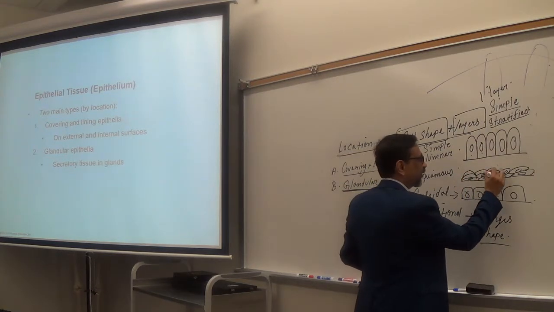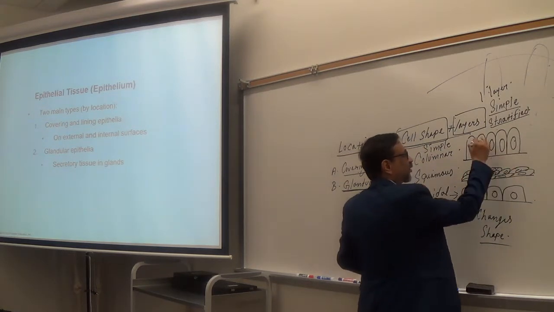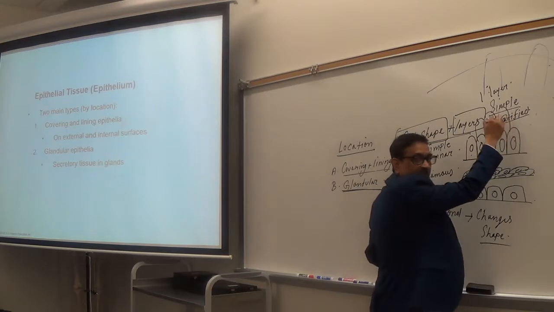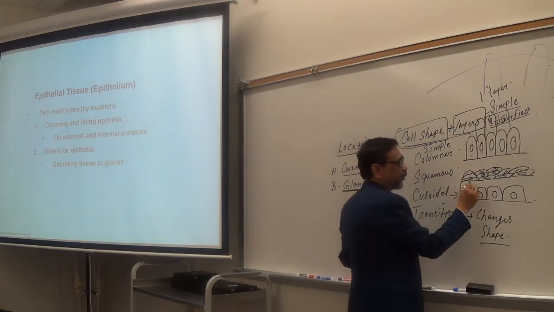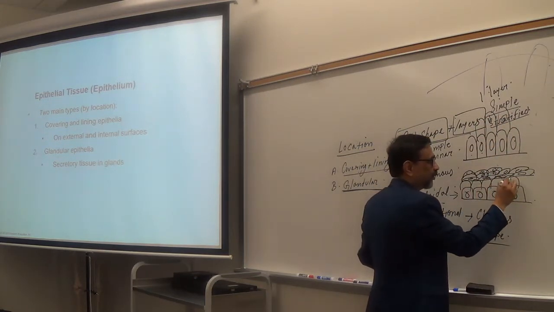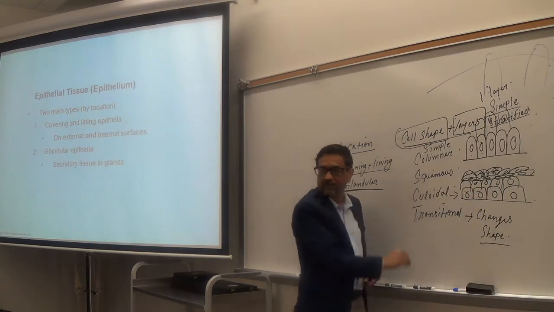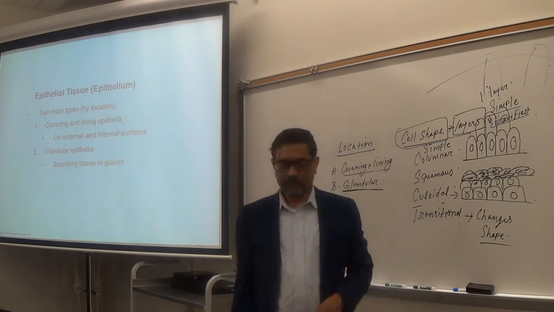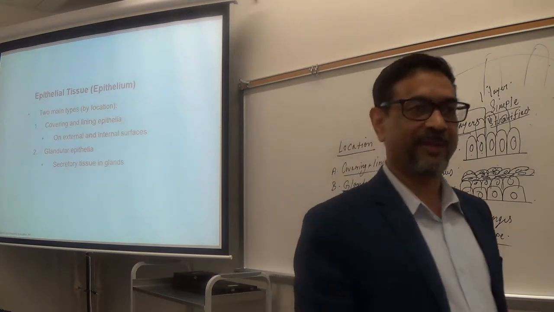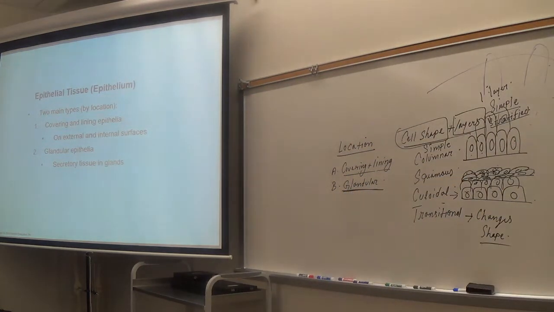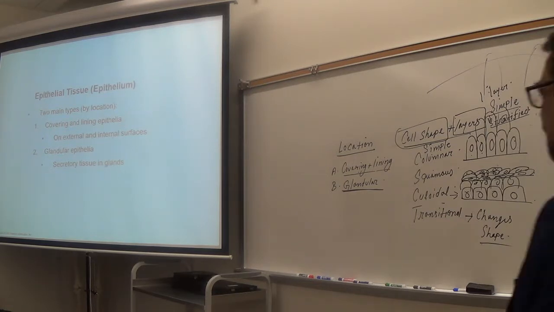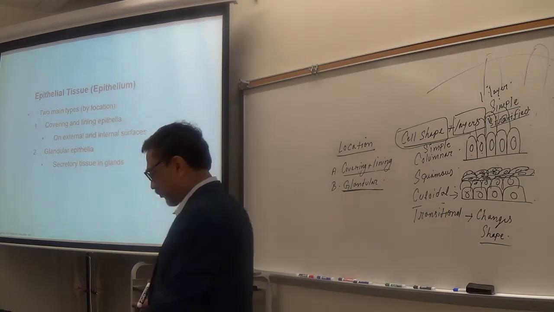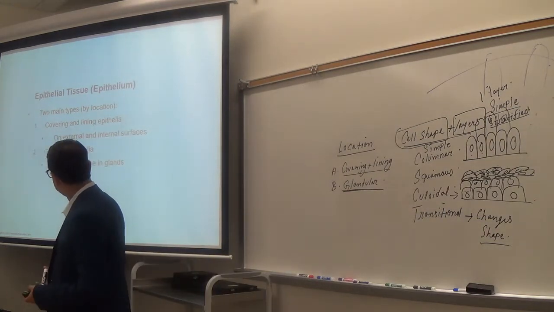Stratified. Stratified squamous. Make sense? Stratified columnar. Make sense? Stratified cuboidal. Make sense? So that's how we classify based on the shape of the cells and number of layers. So those are the ways of classification.